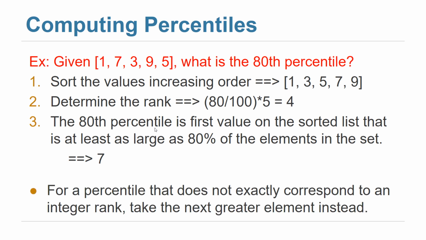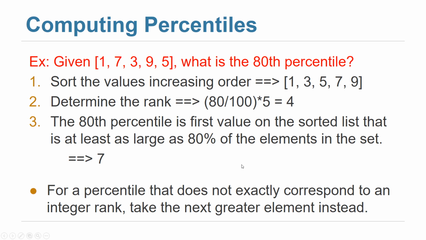Now you might wonder, what if the percentile that we want doesn't exactly correspond to an integer rank? For example, if I want the 50th percentile in this array, that means 50% of the values, so the rank in this case will be 2.5. 50% of 5 is 2.5.